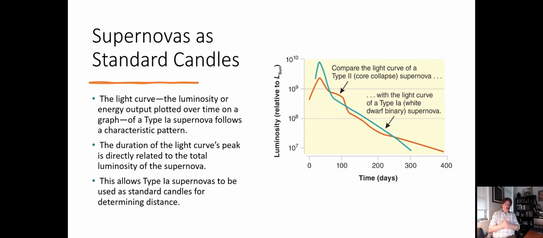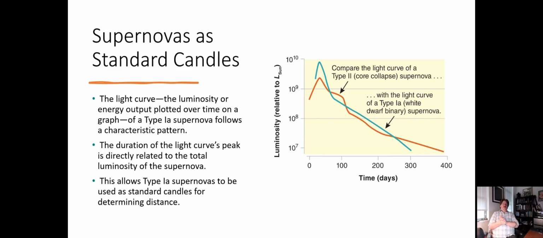But what I want to talk about here is simply explaining how and why we can use these as distance indicators. Supernovae are standard candles. All type 2 supernovae, all type 1 supernovae explode exactly the same. The amount of luminosity relative to the luminosity of the sun is the same.